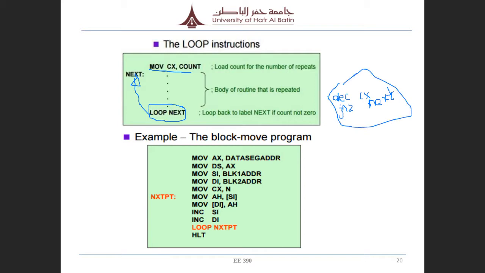Can you remember the program we wrote to move a set of data from one memory location to another memory location, the block move program? Instead of these lines we can write it with @data, and then move DS comma AX, move SI comma, everything is okay. But look here, we use the loop instruction instead of these two lines. Instead of these two lines, we can use just one line, loop.